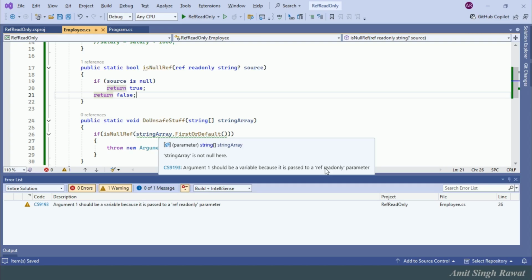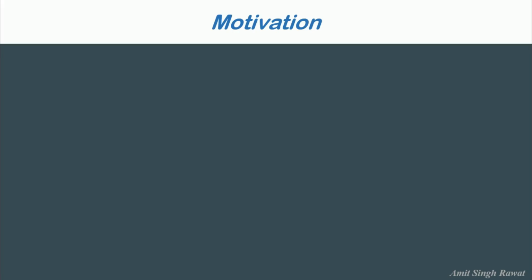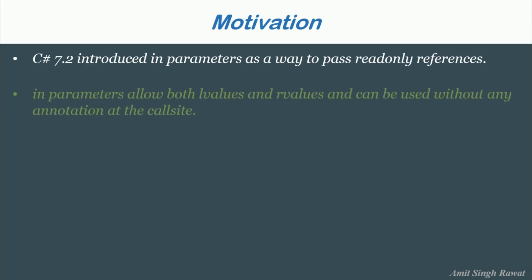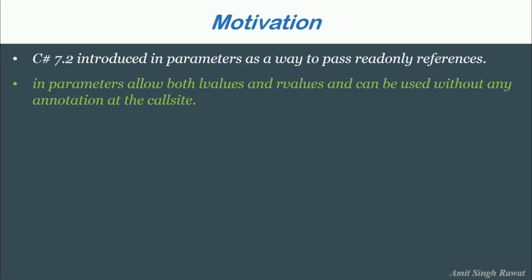So let's quickly summarize the motivation behind this ref readonly keyword. As per Microsoft, C# 7.2 introduced the in parameter as a way to pass read-only references. In parameters allow both L values and R values and can be used without any annotation at the call site.